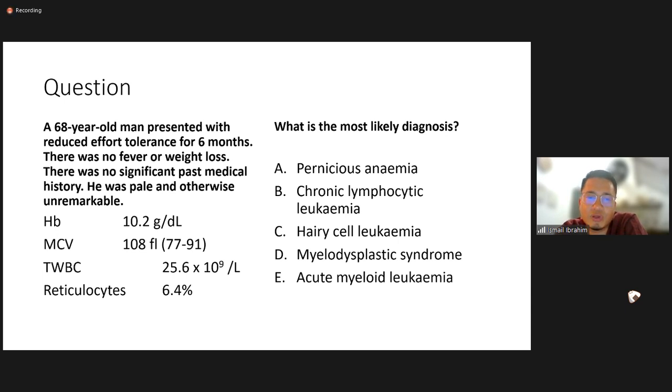It can also cause lymphadenopathy, splenomegaly, constitutional symptoms, but the majority of them will not have. And they can also present with an autoimmune phenomenon, like in this case where the patient is having hemolysis. So AIHA is another way of CLL manifestation.